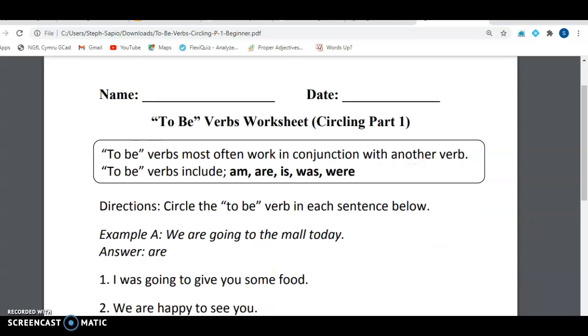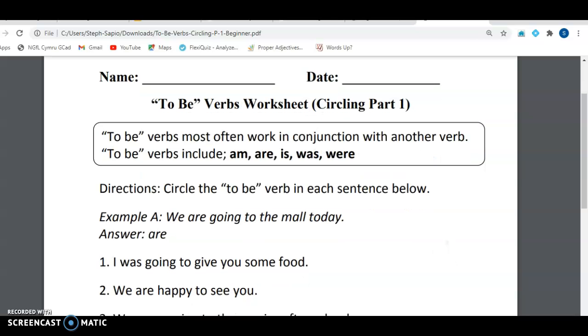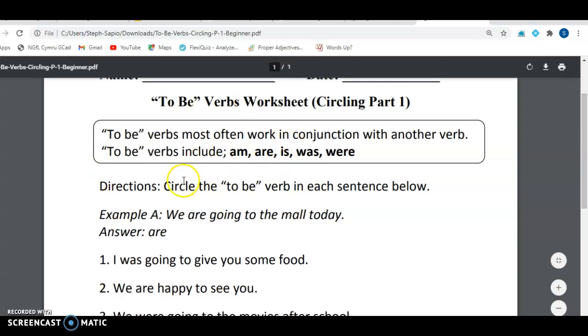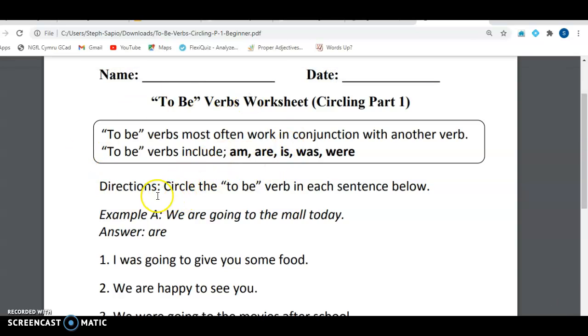So what you're going to need is your language arts notebook. You do not need to write down the top part of this. You need to write down the instructions. We're going to circle to be verbs in each sentence below. So you're going to write this, circle the to be verb in each sentence below.